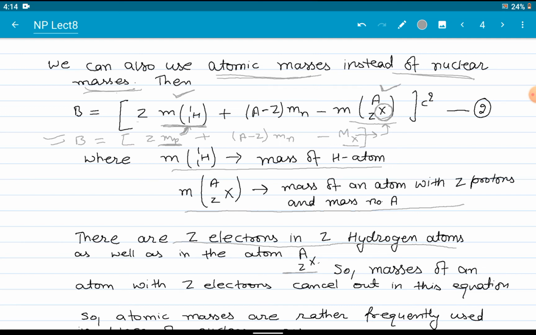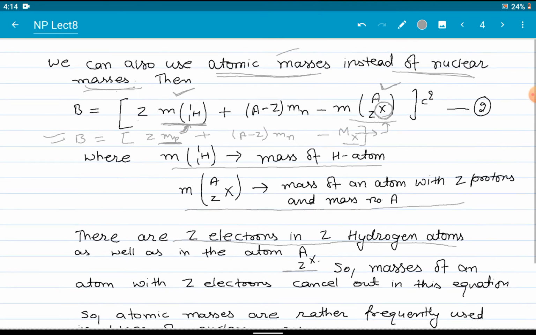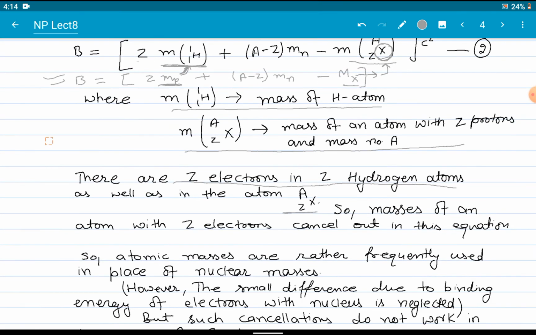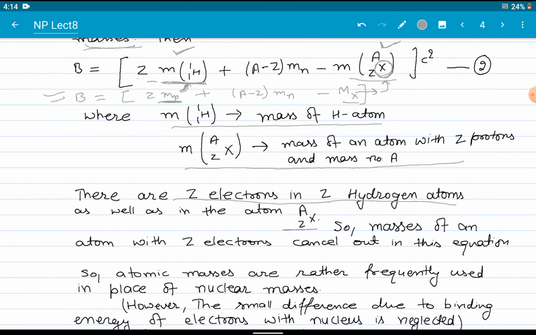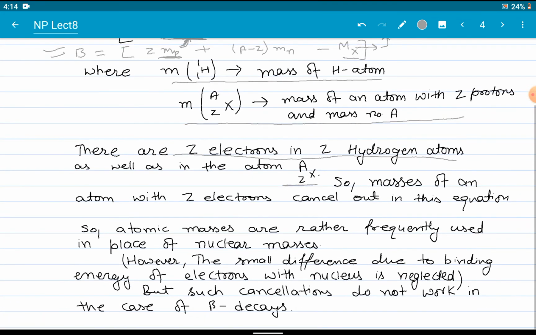तो इस इक्वेशन में that's why we can take atomic masses instead of nuclear masses, because there will be a negligible error when we take atomic masses instead of nuclear masses. But in case of beta decay we usually do not take this, that is the atomic masses. We only calculate with the nuclear masses in case of beta decay. So I have written here that there are Z electrons in Z hydrogen atoms. देखिए Z इलेक्ट्रॉन्स होंगे Z हाइड्रोजन एटम्स में, और Z इलेक्ट्रॉन्स ही आपके एटम में जिसका केमिकल सिंबल X है. ठीक है.